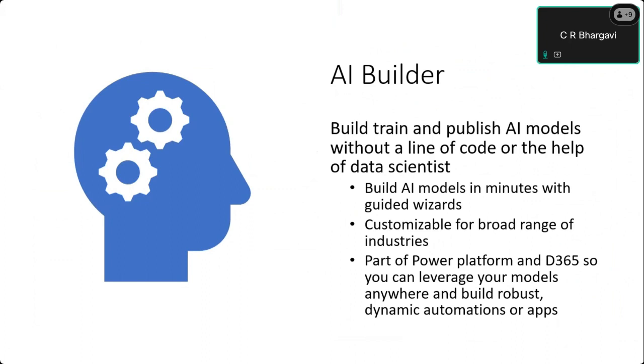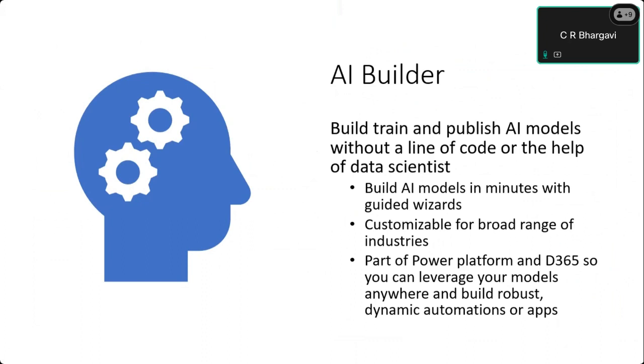And what you can do inside the AI Builder is build AI models, or you can publish the model, or you can deploy the model inside it. And once you have built, tested, and published the AI model, you can go ahead and consume the same with the help of the AI Builder inside your code.